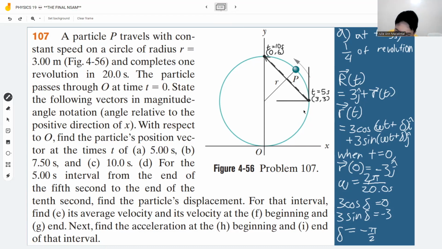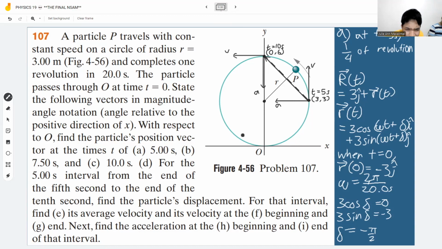Yung velocity, ganyan. Ngayon, at t equals 10, i-mark mo rin. Kasi useful naman yan para alam mo yung directions ng velocity at acceleration. So, acceleration is again pointing towards the center. Constant magnitude, kasi constant speed around the circle. Ngayon, ano yung alam natin about the magnitude of the acceleration?